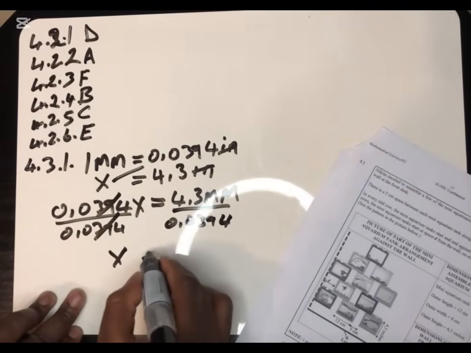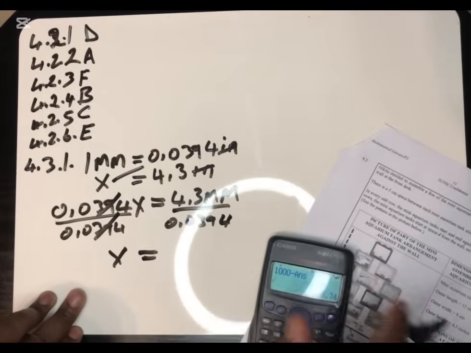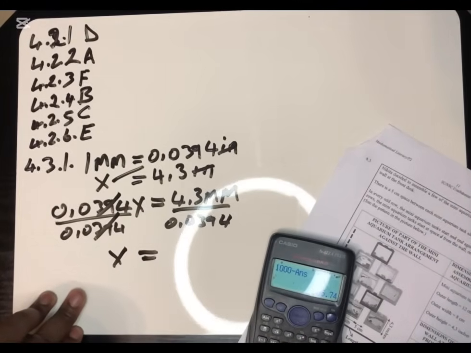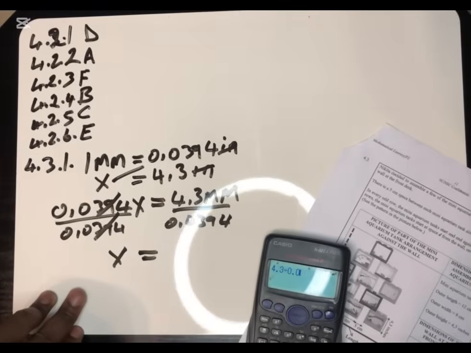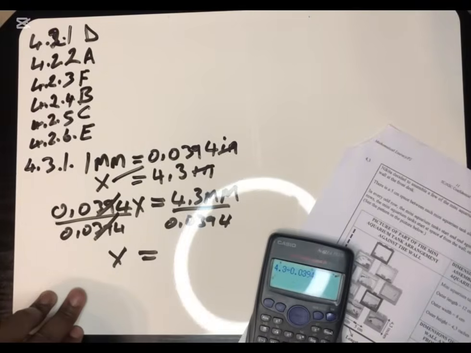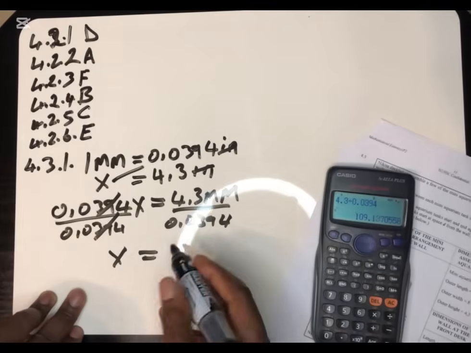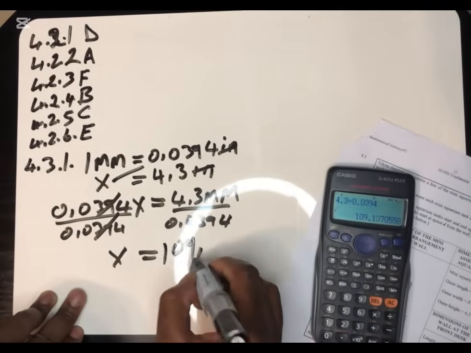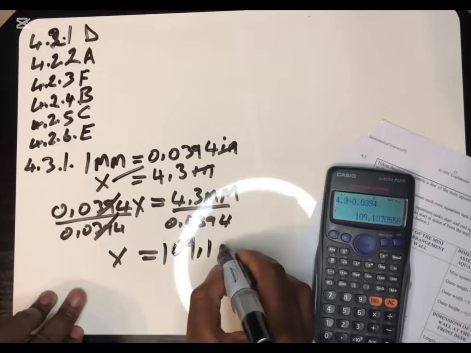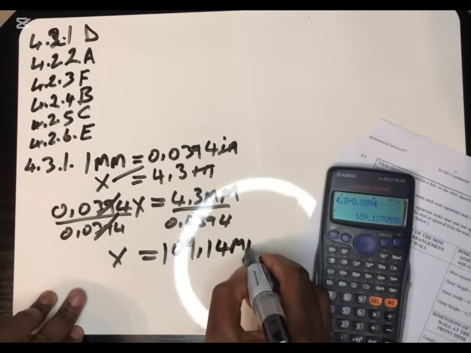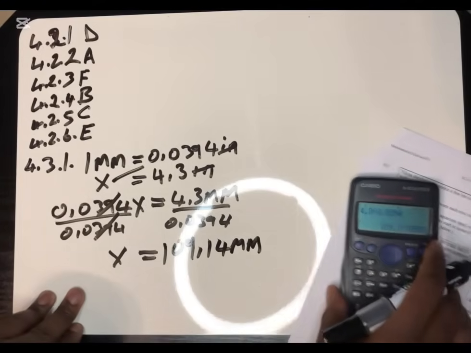Our x is now equal to 4.3 divided by 0.0394. We found that in millimeters, this is 109.14 millimeters. I rounded this.